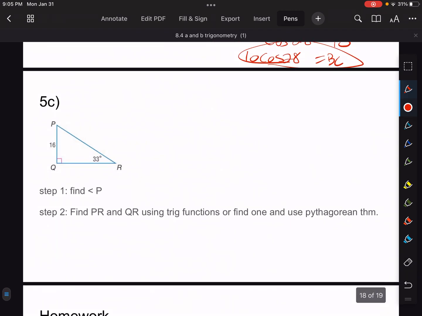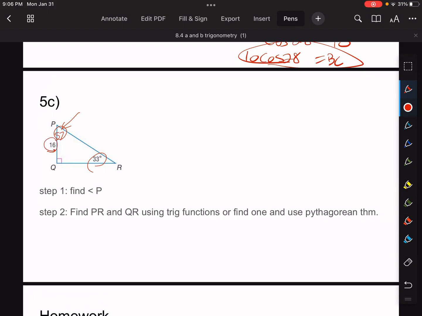For 5C, this isn't much different. If this is 33 degrees here, I know that I can find this. This is going to be 57, because 57 plus 33 equals 90. And then from there, I can use my trig functions. If I want to use this angle as my perspective, I know my adjacent to that angle.